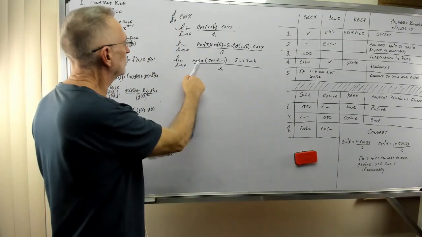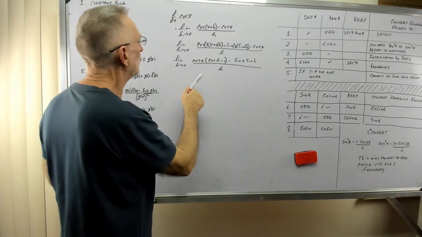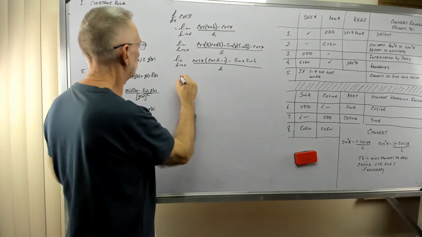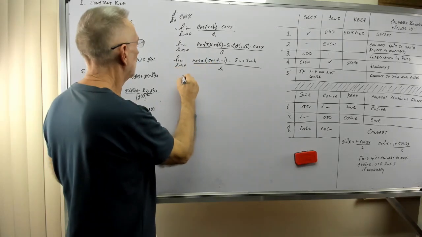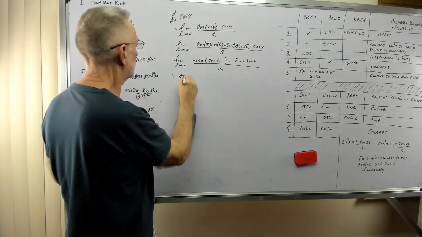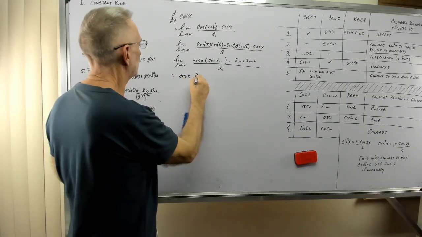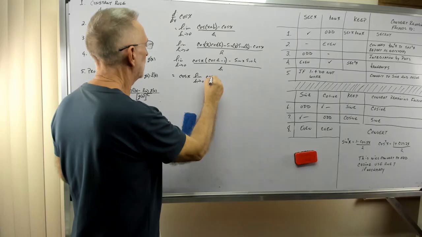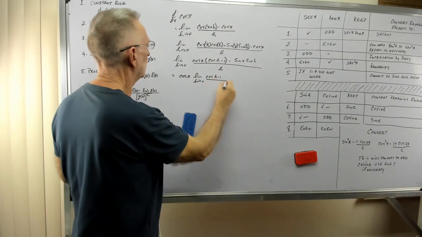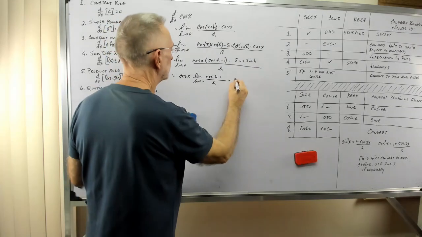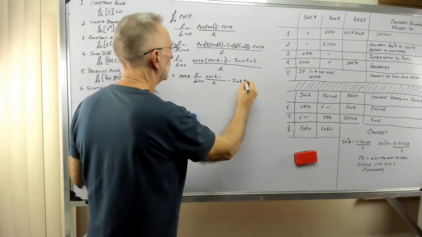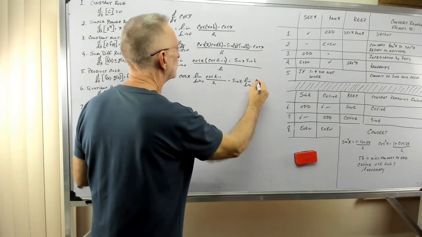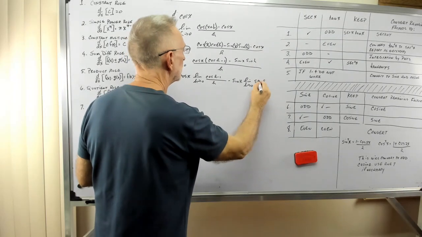If I pull out the cosine x term and the sine x term, because they're not a function of h, I can move them outside the limit. So this is cosine x times the limit as h approaches 0 of cosine h minus 1 over h, minus sine x times the limit as h approaches 0 of sine h over h.